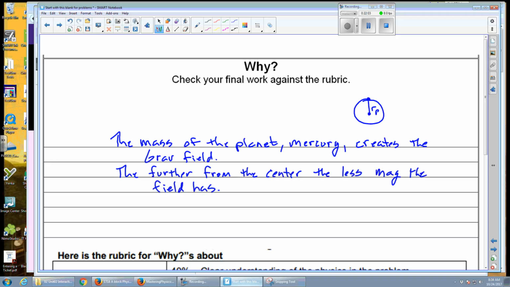And I suppose if you didn't do the diagram, you could also say, when on the surface, you are one radius from the center of the planet.